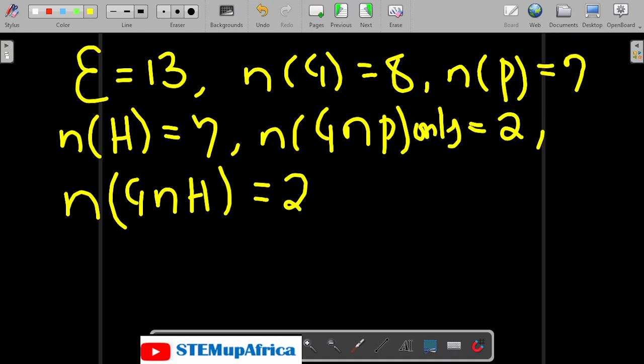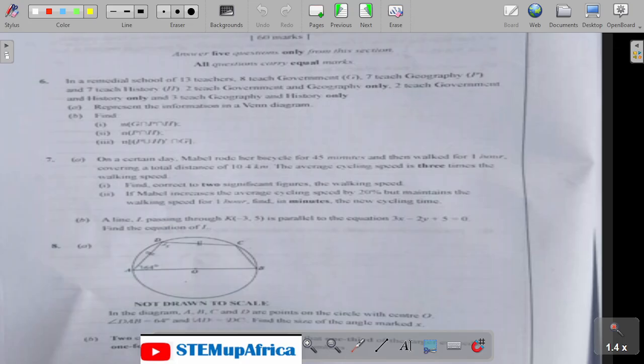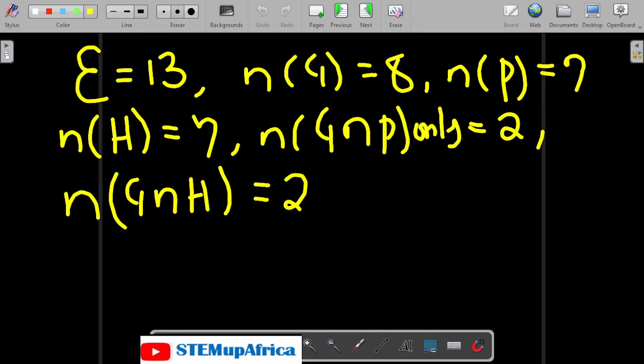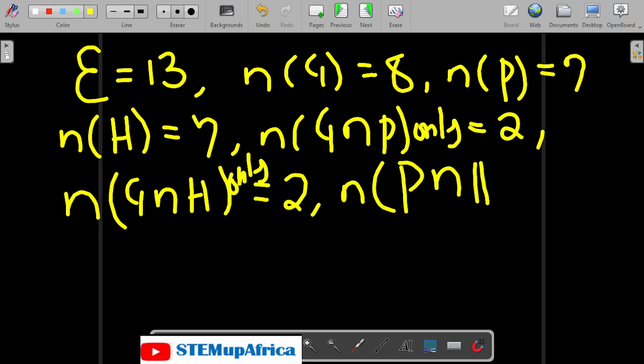Then finally, we are told that the number that teaches geography and history only is 3. Geography intersection history only is 3. That's what the question says.